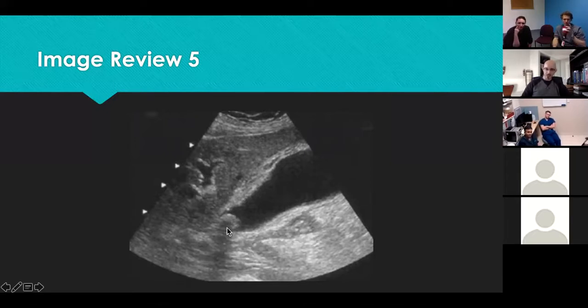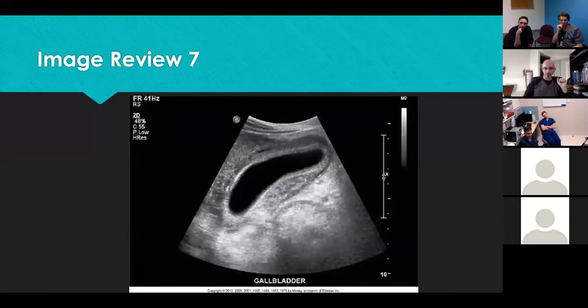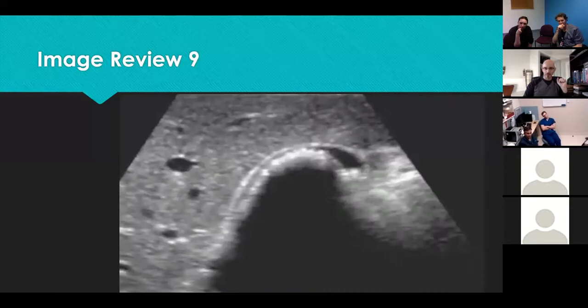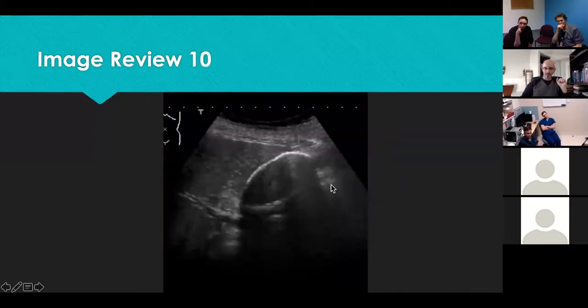But if you compare this to the kind of shadow you would see, because the physics mechanism is exactly the same as the B lines in the lung, it's still a clean shadow, which looks a bit different from that kind of shadow, which looks like a B line going down.